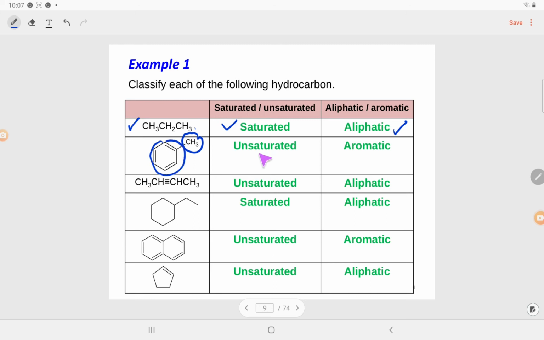We also call this unsaturated because it consists of multiple bonds in the ring, so we classify this as aromatic hydrocarbon. Carbon-carbon triple bond, unsaturated. This is an open chain aliphatic. All of them are single bonds, saturated, and this is also aliphatic. This is unsaturated, consisting of carbon multiple bonds, but this is an aromatic hydrocarbon, consisting of an aromatic ring. Multiple bond here, unsaturated, and this is also aliphatic hydrocarbon.